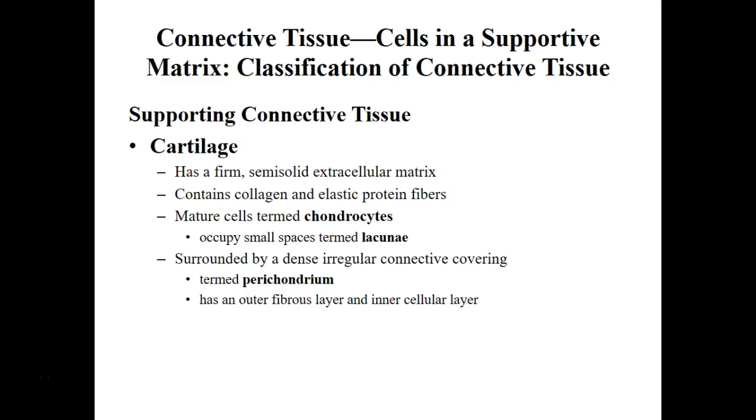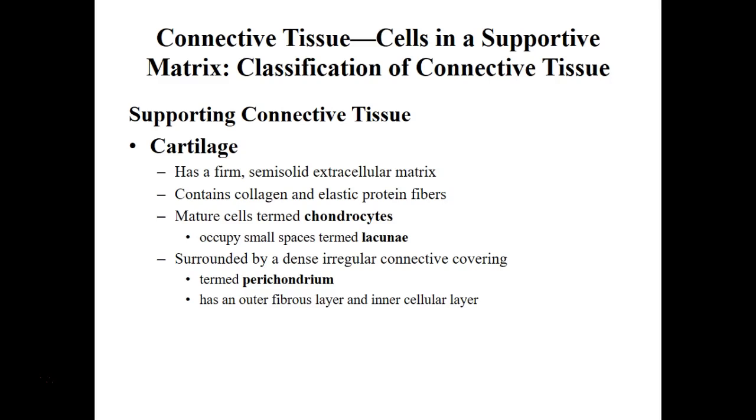Cartilage has a perichondrium, which is composed of dense irregular connective tissue that surrounds it in general, except for fibrocartilage, which has no perichondrium.